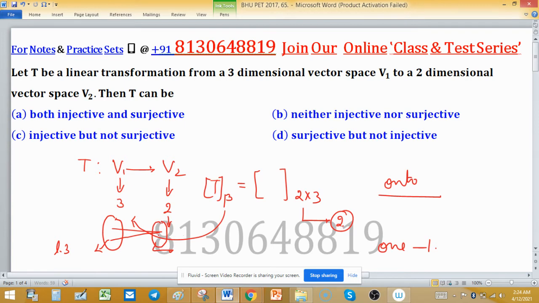Now for onto, if we consider an element from the range space, then it must have a pre-image. It must have a pre-image means, this is a matrix representation.